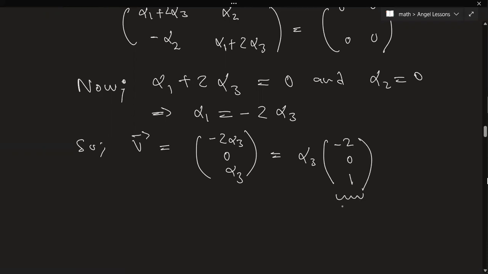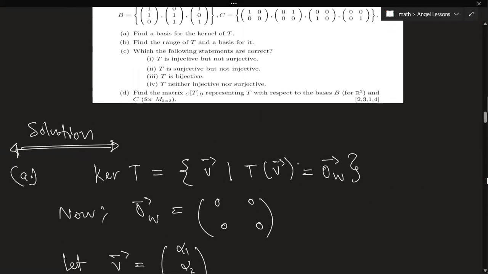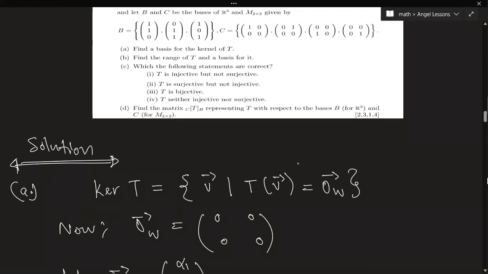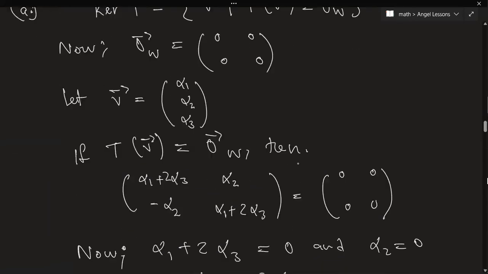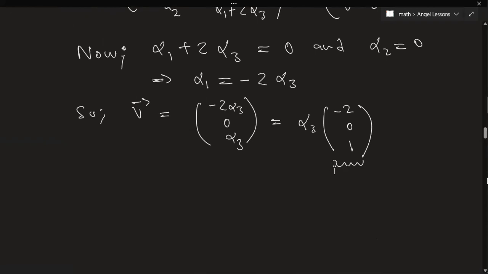So this is the basis that you are looking for, because every vector V that we need is going to be a multiple of alpha 3. That's what we're looking for, because the question said find a basis for the kernel of T. So the basis is this element.